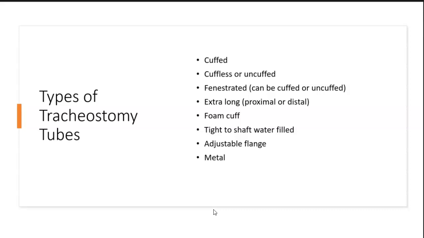You can have extra long proximal or distal, so where the extra length is. They have special foam cuffs, trachs that we're going to talk about in a little bit. Tight-to-shaft, water-filled trachs serve certain purposes, such as in patients that have existing airway trauma. Then there are trachs that have adjustable flanges, and then metal trachs.